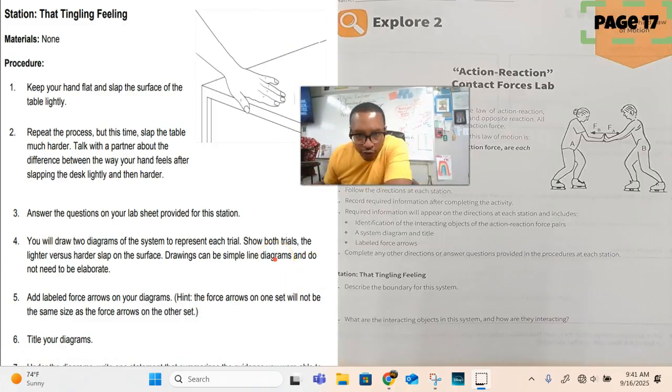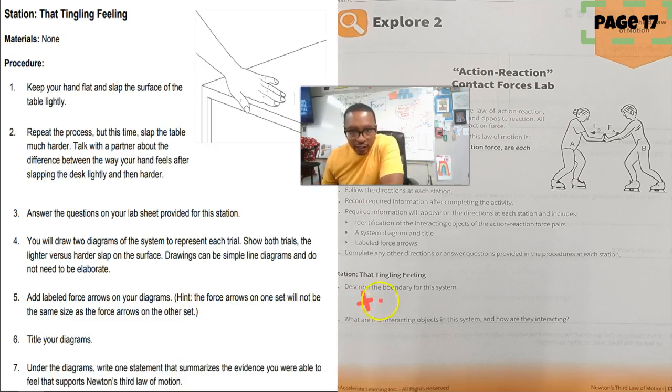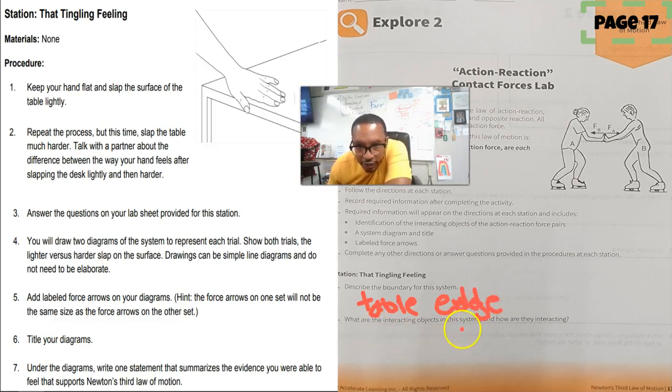Okay. So first thing it says, describe the boundary of the system. I'm going to say table, and that A doesn't look that good. So the edge of the table, I'm going to say, is the boundary of the system. Then it says, what are the interacting objects in this system, and how are they interacting?